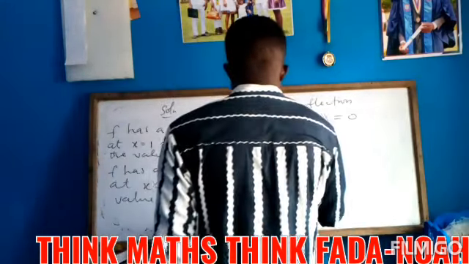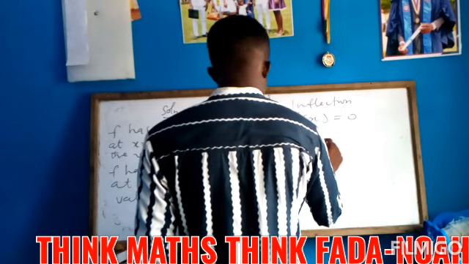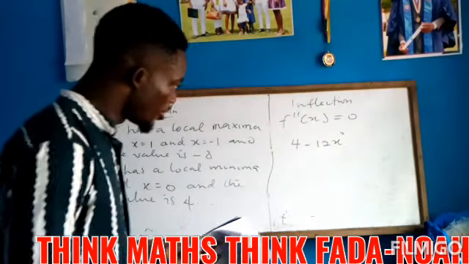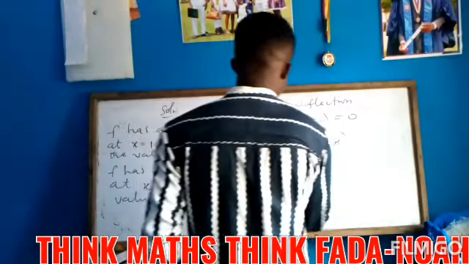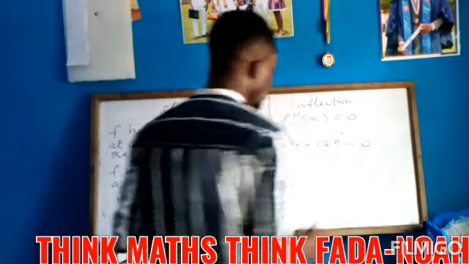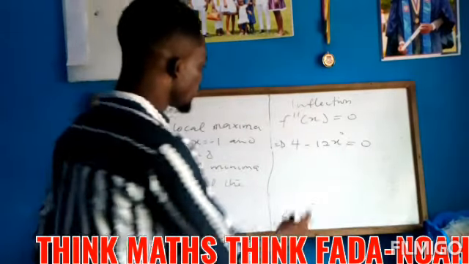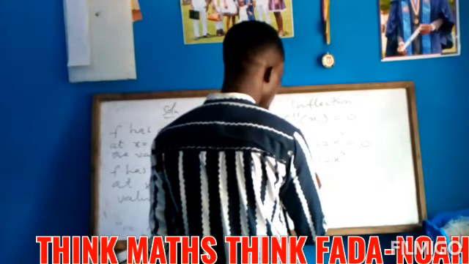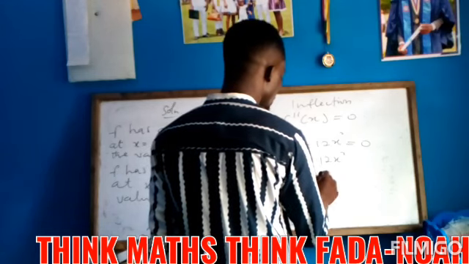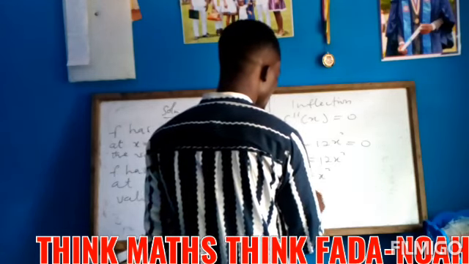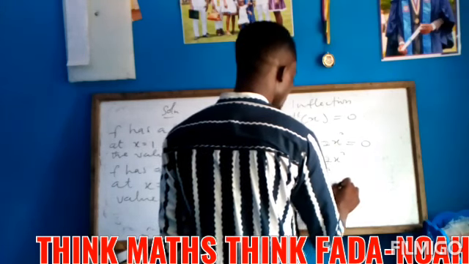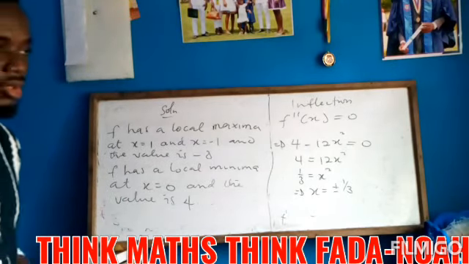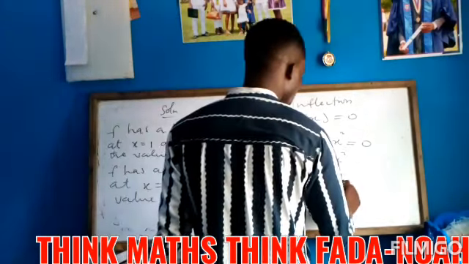We had 4 minus 12x squared equal to 0. So you have to solve for this. We have 4 equal to 12x squared, and we have 1 over 3 equal to x squared, and this implies x equal to plus or minus square root of 1 over 3.